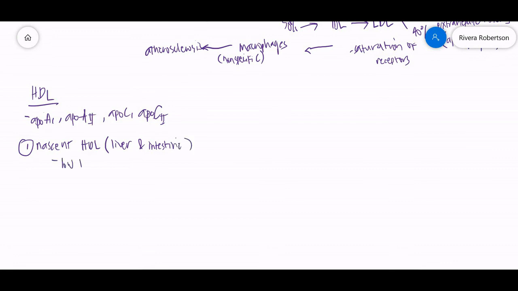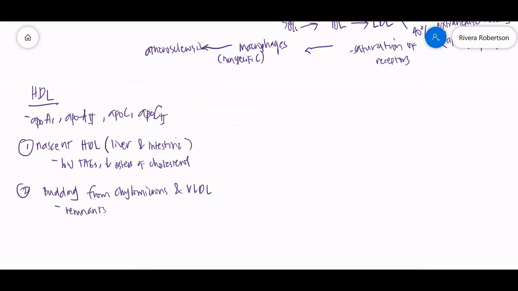They contain low triacylglycerides and also low esters of cholesterol. Number two, they can also be produced from budding from your chylomicrons and VLDL. So the remnants of your chylomicrons and VLDL can accumulate more lipids.